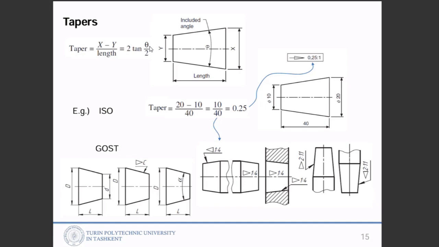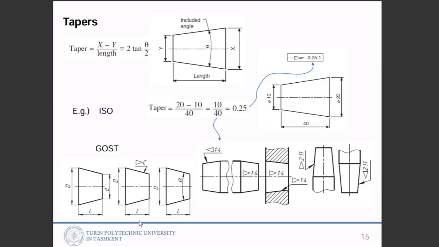If the theta angle is given, then you can calculate the taper. And if big D is given, small d is given, and L distance is given, you can draw it and even calculate the angle between them.